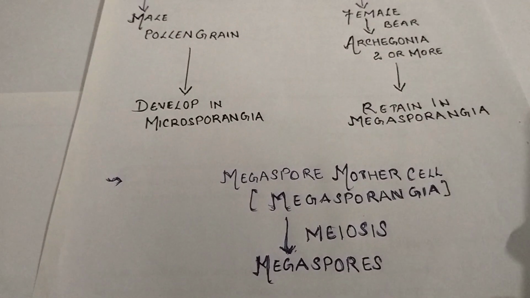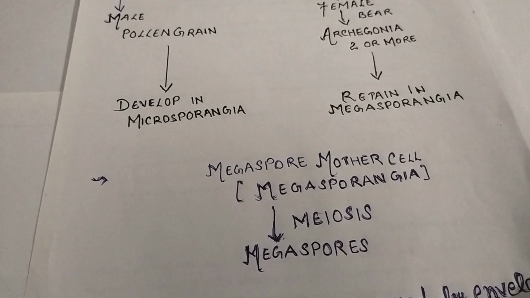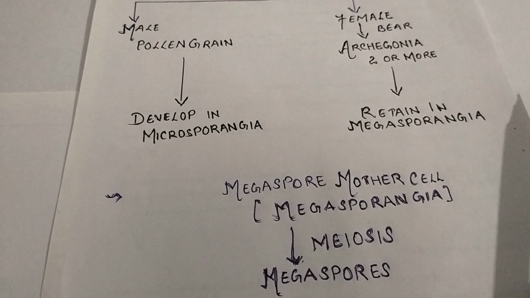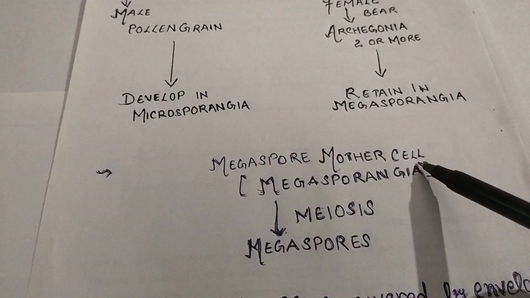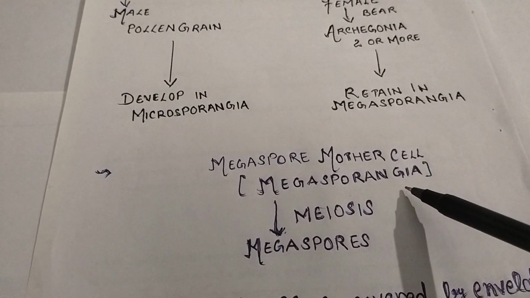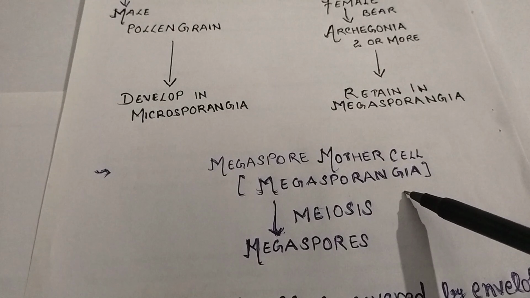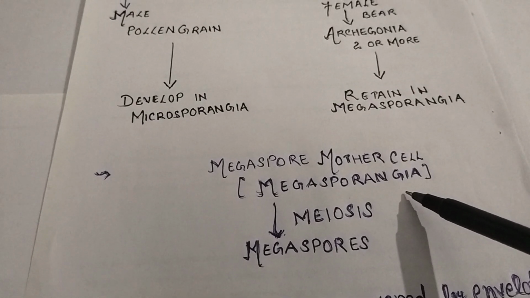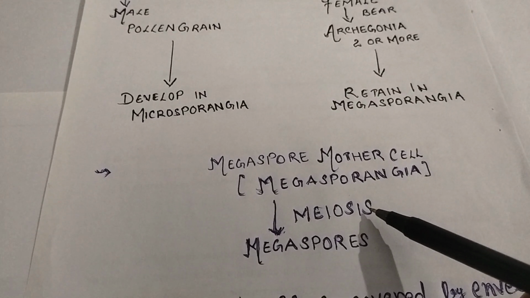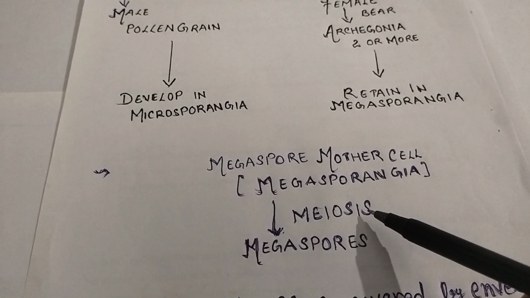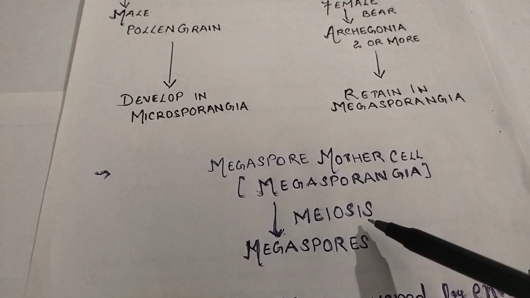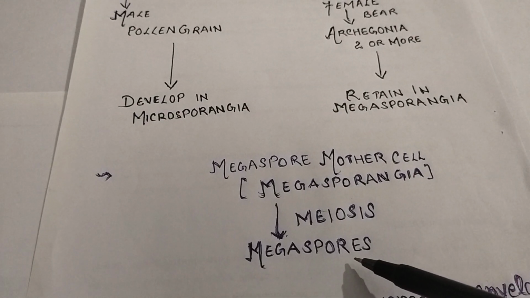See here, I have explained it. This may sound somewhat difficult to you all, but understand it properly. The megaspore mother cell inside the megasporangia undergoes meiosis. It is divided by reduction division and it forms megaspores.